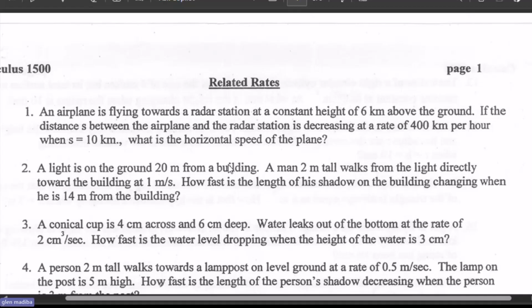Now, what is this 1 meter per second, according to you? A man 2 meters tall walks from the light directly towards the building at 1 meter per second. What is it? It's his speed, isn't it, sir? Yes, but in terms of x and y, as well as time, what is it? I'd assume the 1 meter is his horizontal x.